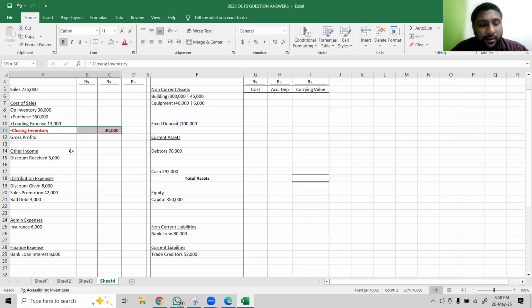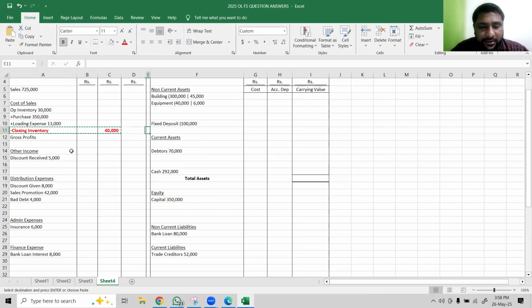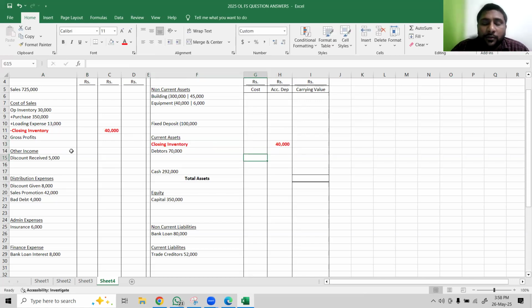The other one is under the balance sheet, current assets, closing inventory 40,000. Adjustments go in two places.